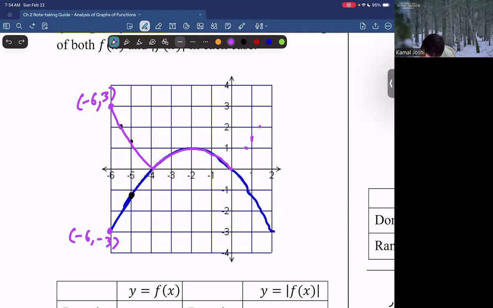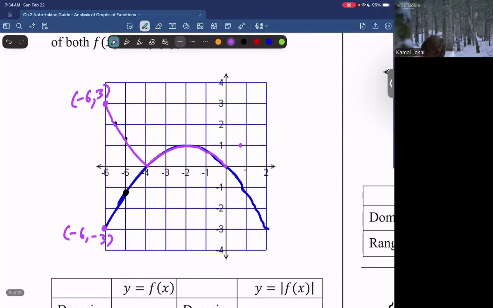Why is it becoming so hard to do? Oh, okay. That's because my second point I did not choose correctly. Here it's 1 point something.